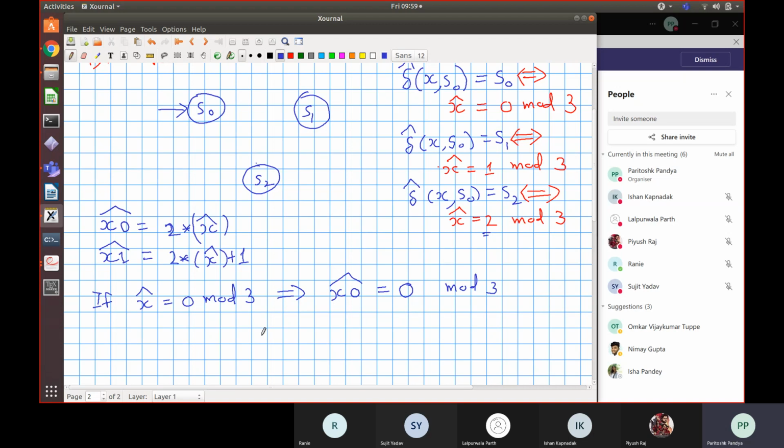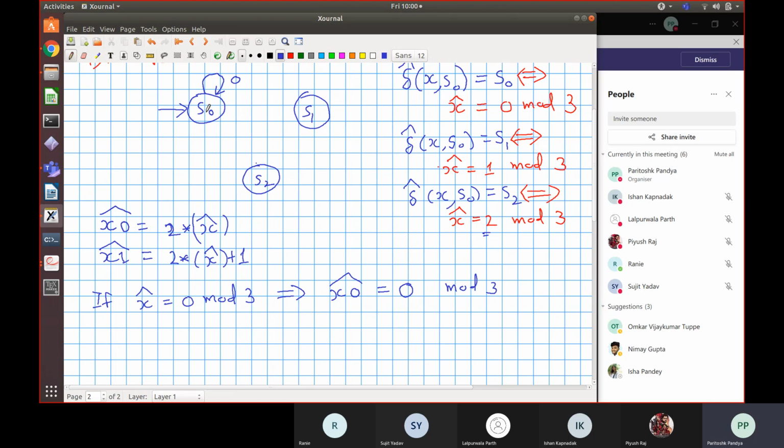Suppose my number was 6, 110 in binary, and the remainder of this divided by 3 is 0. If I double this number, the remainder will still remain 0. So no rocket science there, just a little bit of notation. Whenever I'm in state S0, whenever the number X hat had 0 remainder, if I get a 0 after that, I'm going to remain in S0 because the remainder remains 0.